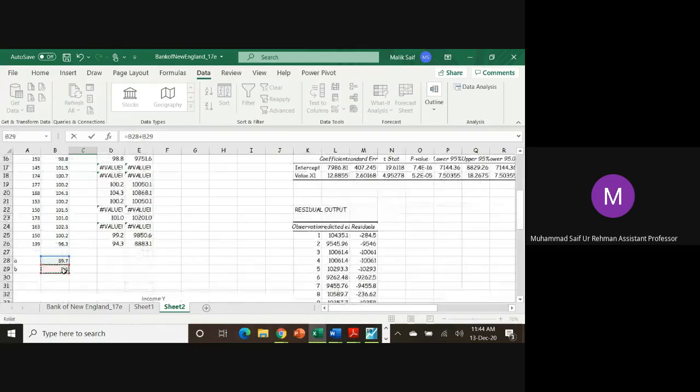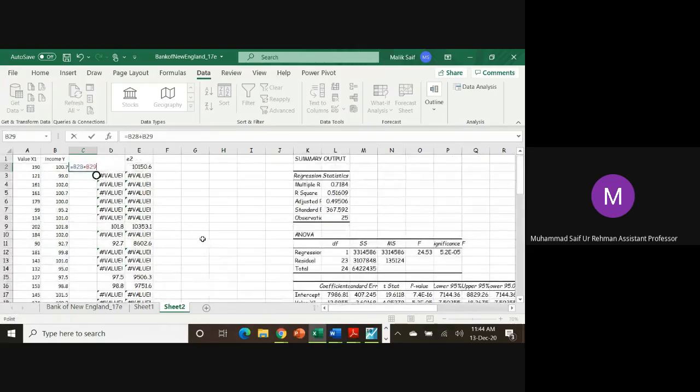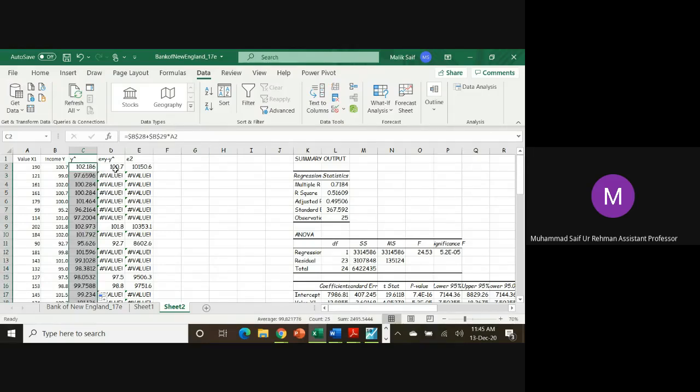Plus this multiplied by this. So before pressing enter, give dollar signs, and also give a dollar sign to this. Now press enter. This is the value of y hat.